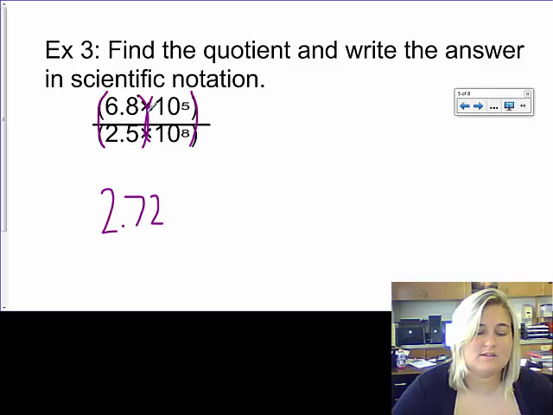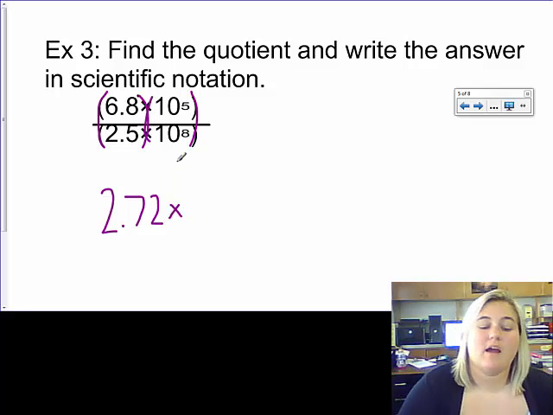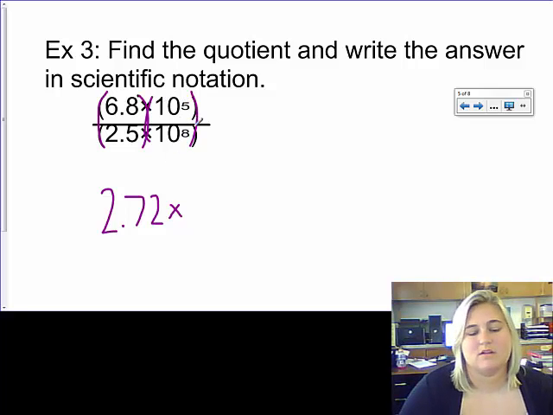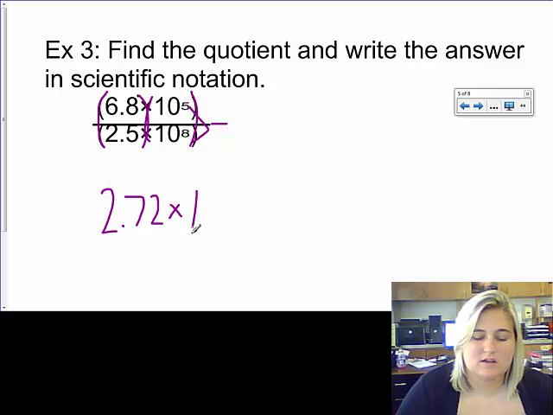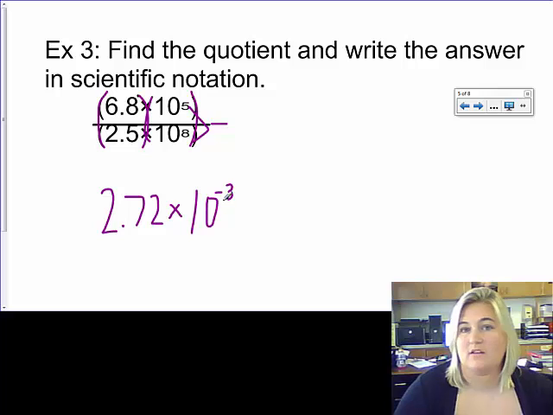Remember, parentheses touching means I'm going to multiply. And whenever I am dividing by the same base, I subtract my exponent. So it's going to be 10 to the 5th minus the 8th, which gives me 10 to the negative 3rd power. Final answer.